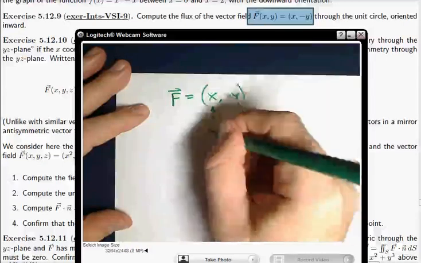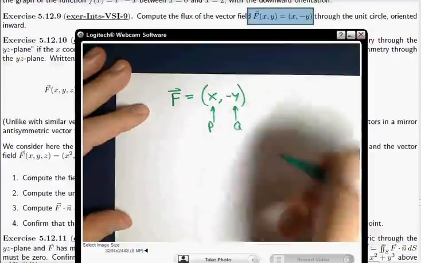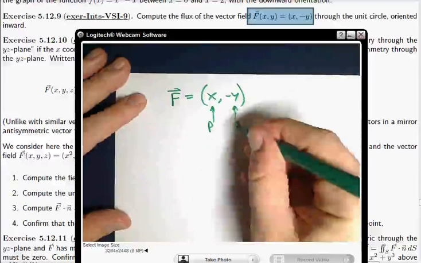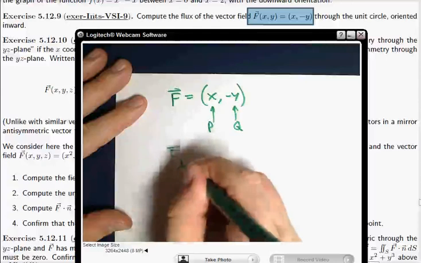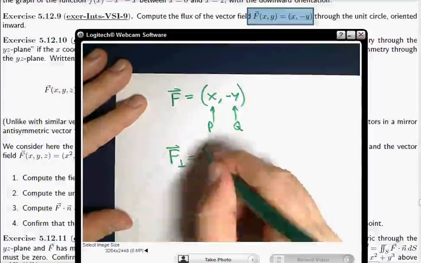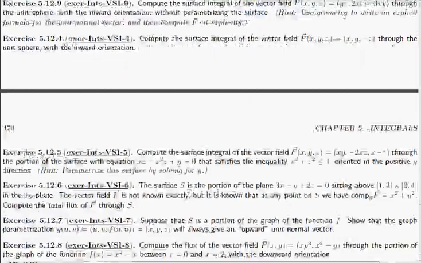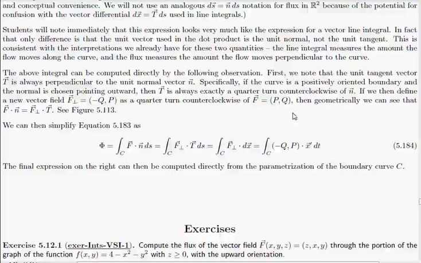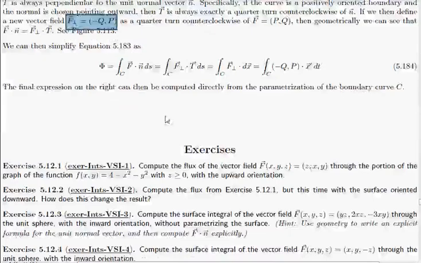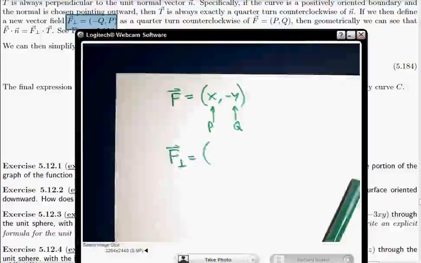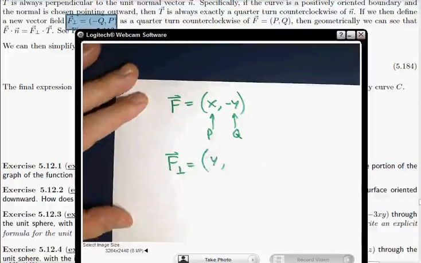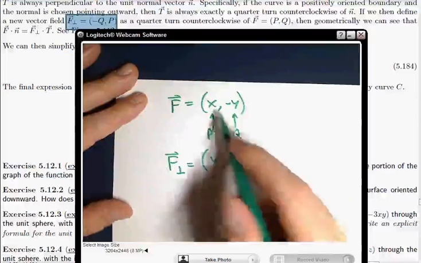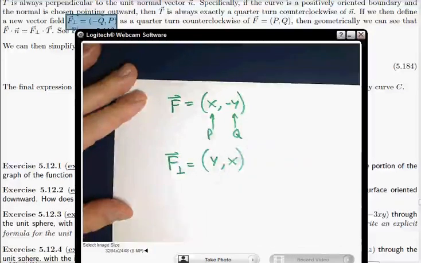That's your P, that's your Q. And so I want to know, what is F perp? F perp is, well, our formula back here, negative Q comma P. So negative Q is y, comma P is x. So there's your F perp.